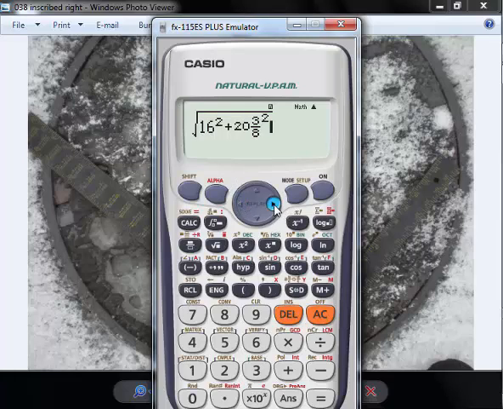Squared equals 25, almost 26 inches. So I have a hunch this manhole is 26 inches across.